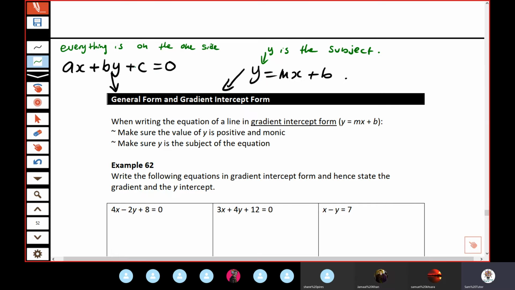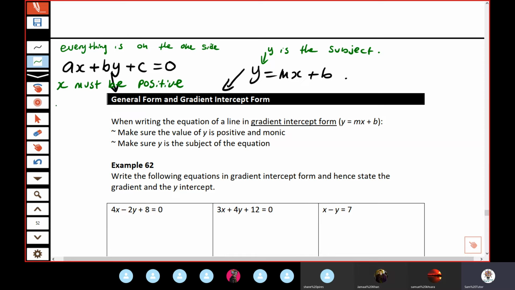Does everyone agree with that? And x must be positive, so you can't have x being negative. If it is, you've got to bring it to the other side, which we'll talk about. So everything's on the one side. That's how you remember it. X must be positive.